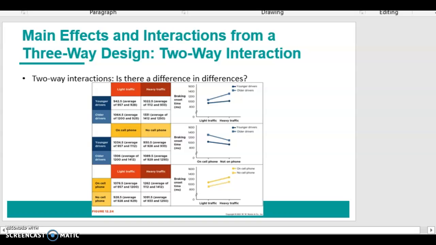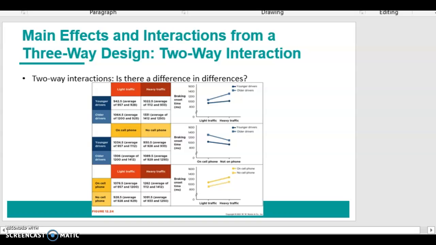So again, in our three-way design, 2 by 2 by 2, there are three possible two-way interactions: age times traffic condition, age times cell phone condition, and cell phone condition times traffic condition. To examine each of these two-way interactions, you make three 2 by 2 tables.